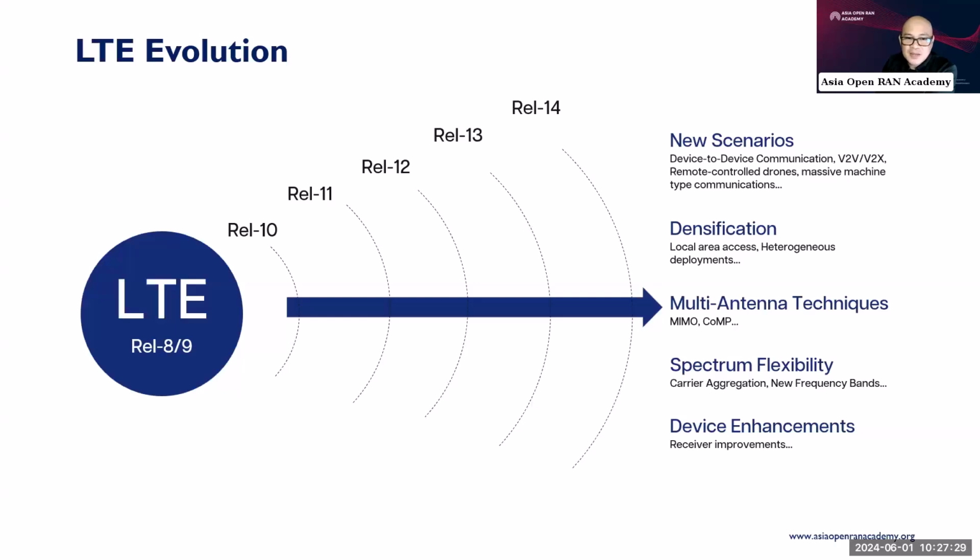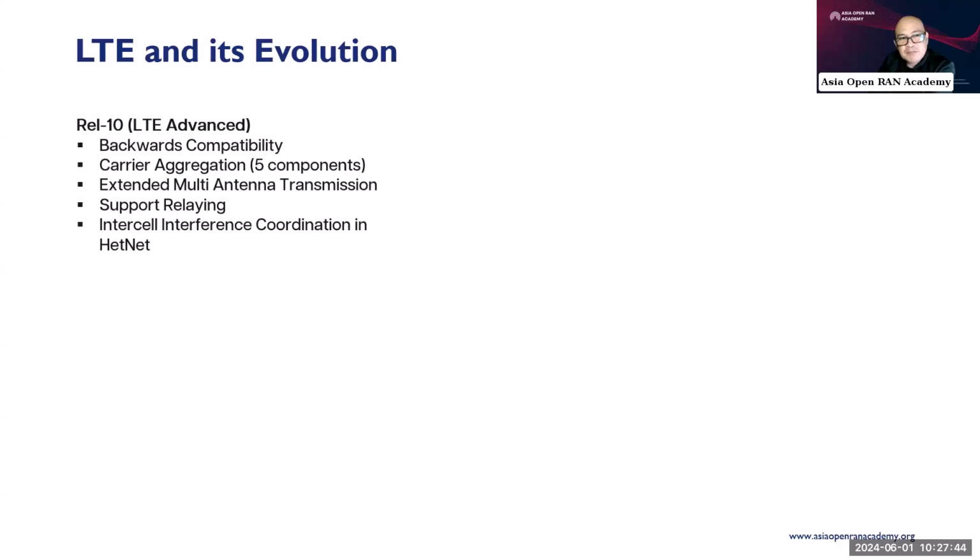No? Spectrum flexibility like carrier aggregation, new frequency bands, and device enhancement. No? Katulad ng mga receiver improvements. Maraming tayong improvement na nakita sa LTE. Now, if you look at the LTE release 10, so it is a backward compatible upgrade no from the previous basic LTE.